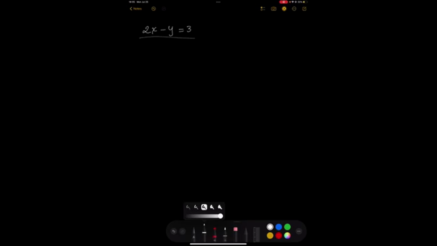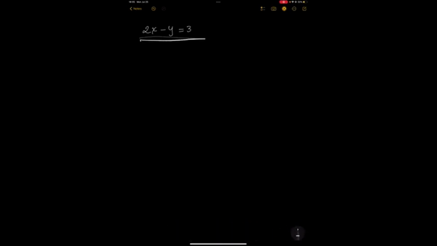Okay, we have that equation right here. How do we graph this? Well, remember, there are a couple ways we can write this function. We can also write this as 2 times the domain minus range equals 3. The reason I'm doing that is because I want you guys to see all the different ways.